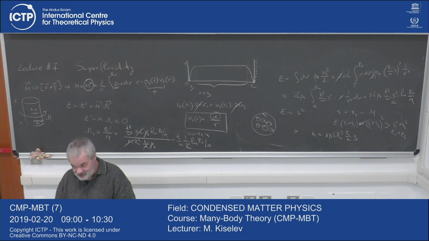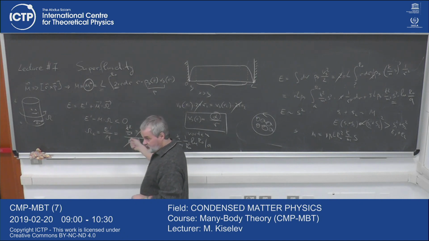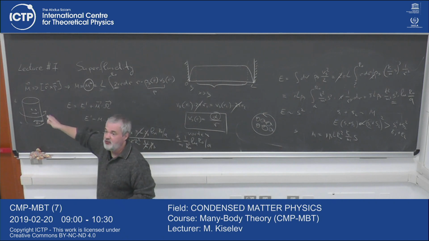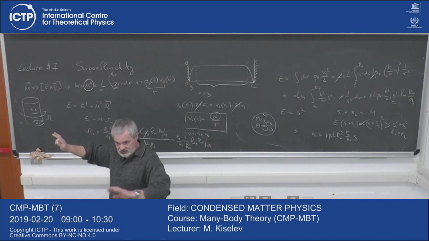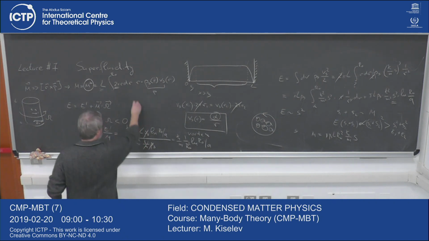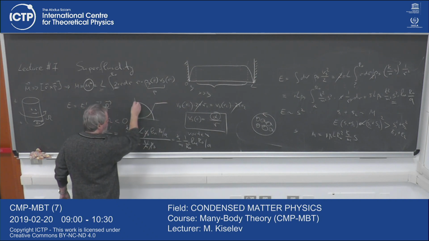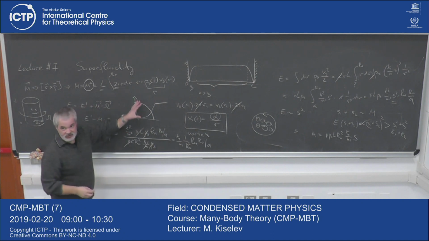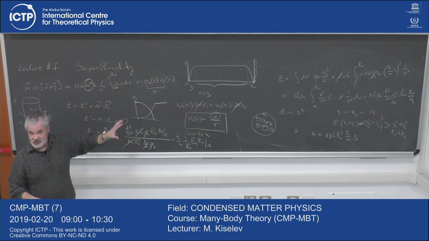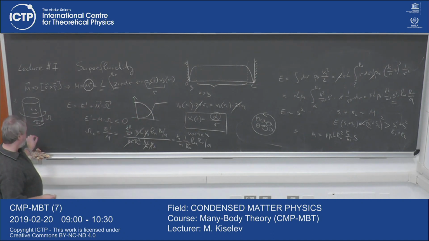However, I start to rotate faster and faster, and first thing that happens, I create a vortex. So assuming that the container was filled with just superfluid component, nothing else, zero temperature, I'm in this regime. So all liquid is superfluid. I start to rotate it, I rotate faster and faster, and what I create first, I create a vortex line in the center.